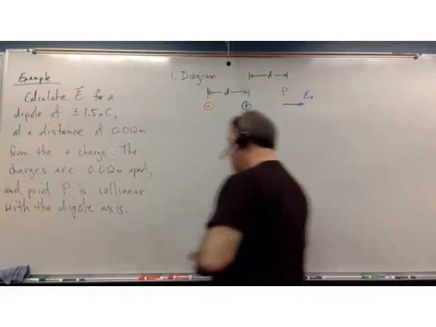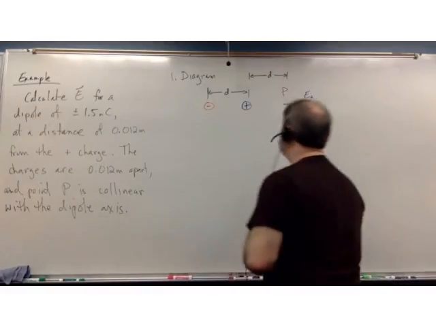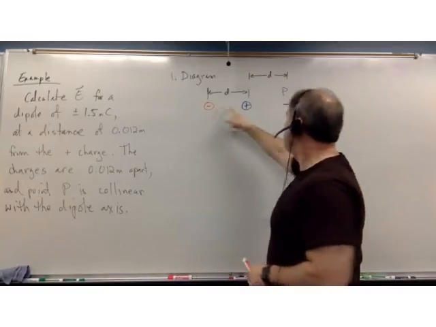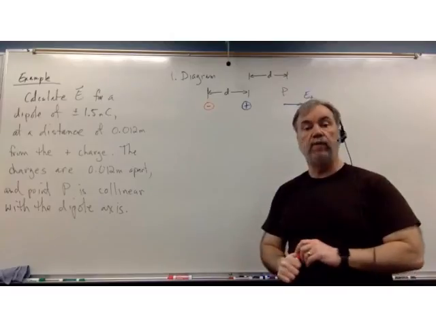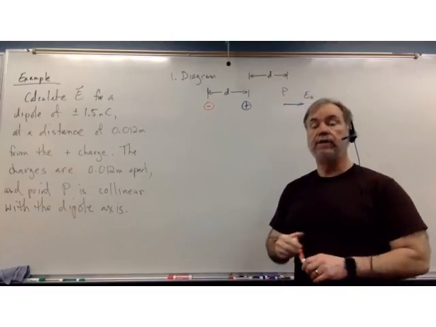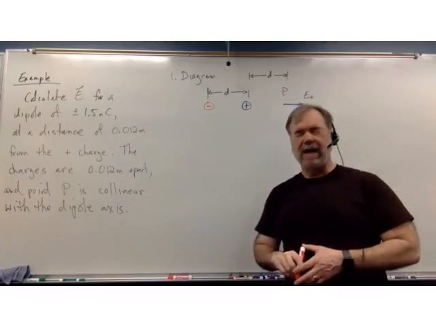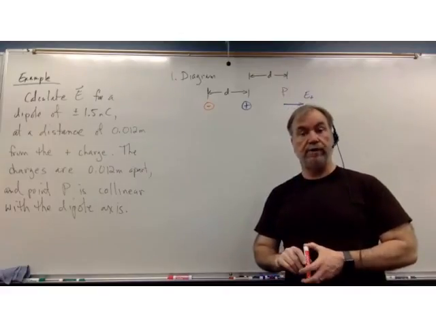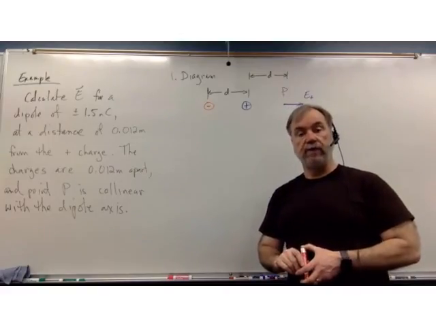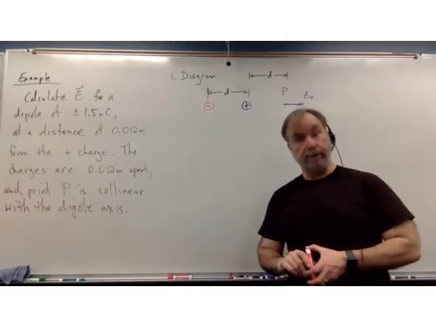As for the field of the negative charge, it also will point radially away from the negative charge. Only, I'm sorry, not radially away. I taught you earlier. Field lines for negative charges point toward the negative charge.